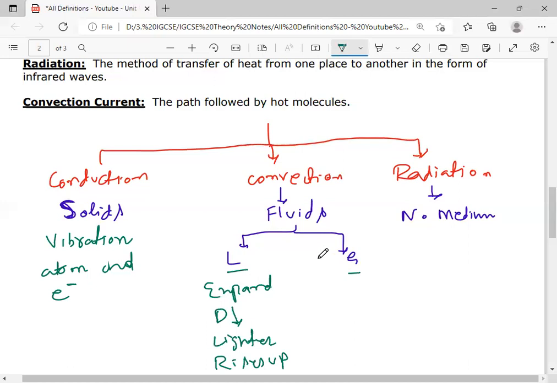While the cooling process is opposite, when particles are cooled down, they become more dense, heavier, and sink to produce convection currents.